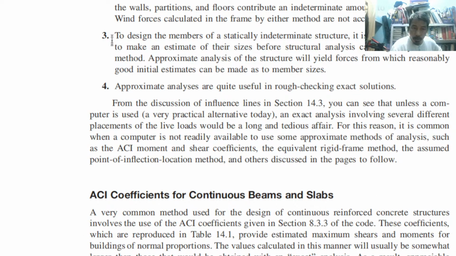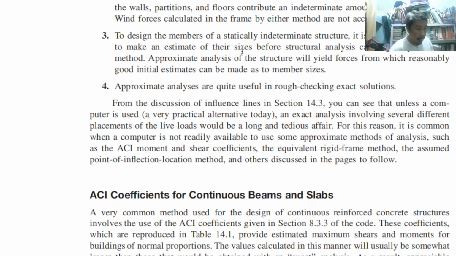Number 3, to design members of a statically indeterminate structure, it is sometimes necessary to make an estimate of their sizes before structural analysis can begin. In what way?